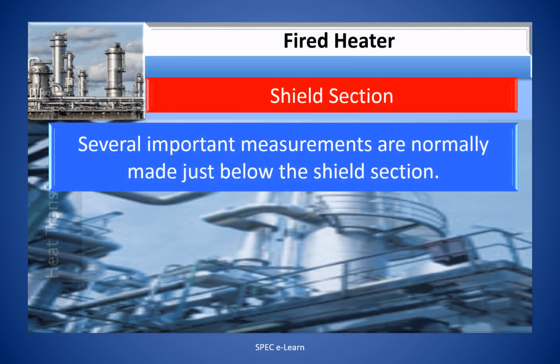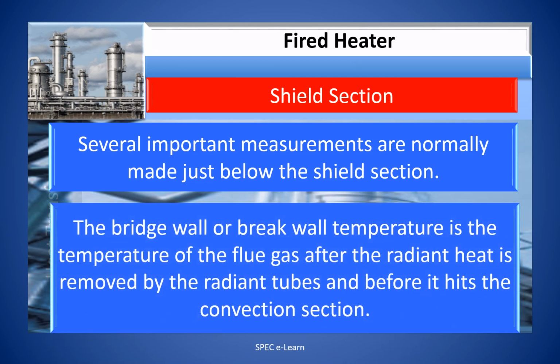Several important measurements are normally made just below the shield section. The bridge wall or break wall temperature is the temperature of the flue gas after the radiant heat is removed by the radiant tubes and before it hits the convection section.